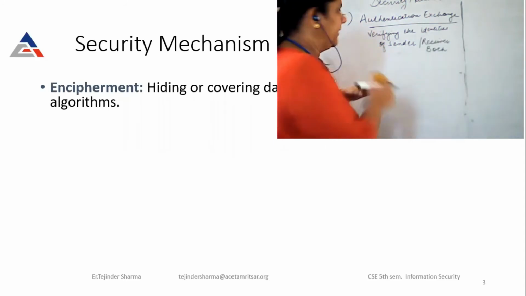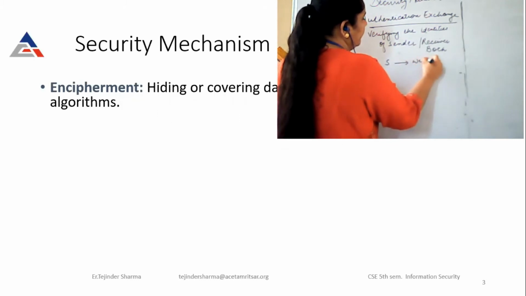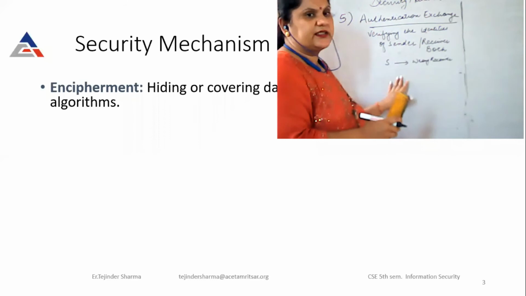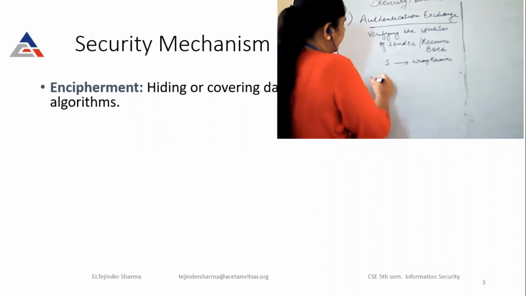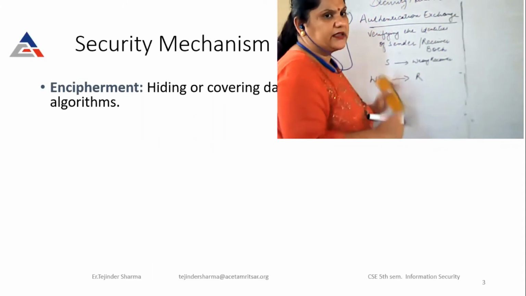See, two cases happen. If the sender sends the data to the wrong receiver, that means it violates the security. If the wrong sender sends the data to the right receiver, it will also violate the security.